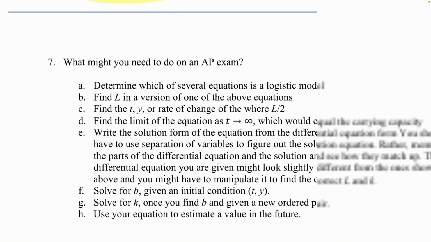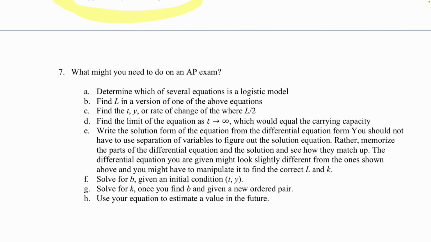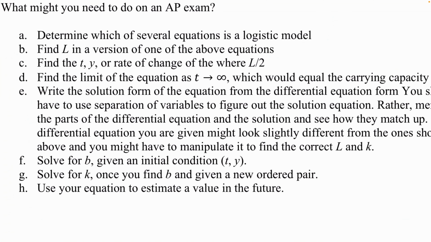Okay, so what might you need to know on an AP exam? First of all, what I just said, you might need to know which of several equations is a logistic model. You might need to find the carrying capacity in a version of one of the above equations. And I say a version of because sometimes the AP exam will do something like this.